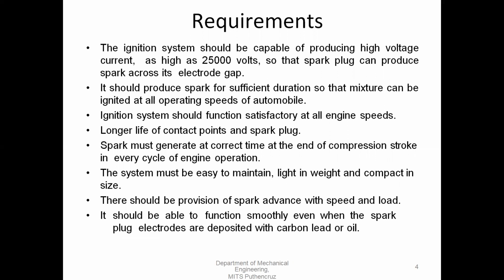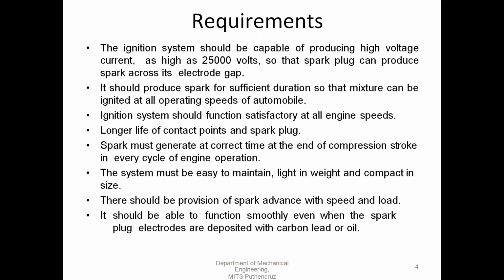The ignition system should be capable of producing high voltage current as high as 25,000 volts, so that the spark plug can produce a spark across its electrode gap. Highest power is developed in the vehicle engines. It should produce a spark of sufficient duration so that the mixture can be ignited at all operating speeds of the automobile. The ignition system should function satisfactorily at all engine speeds, with longer life of contact points and the spark plug.